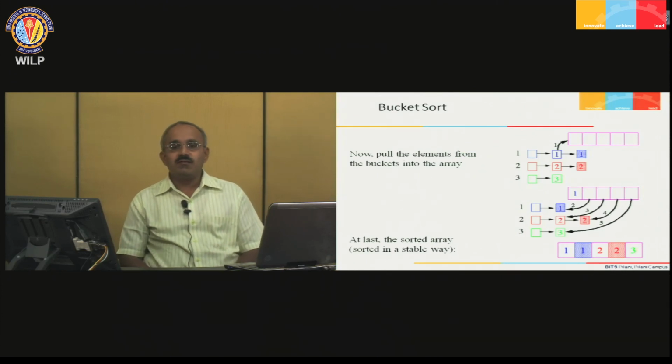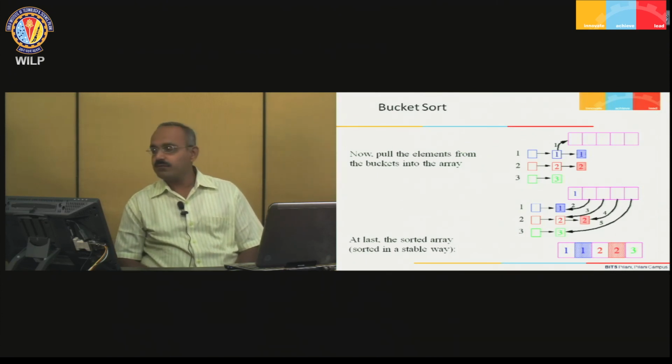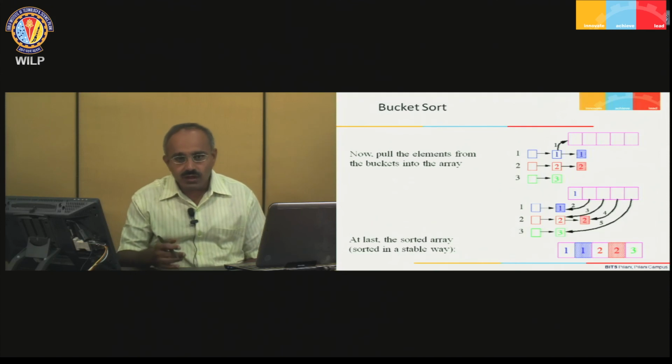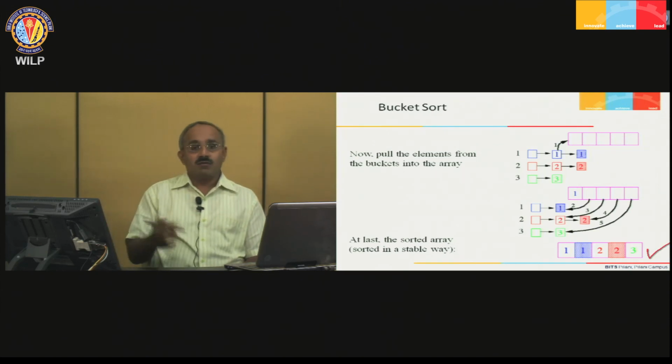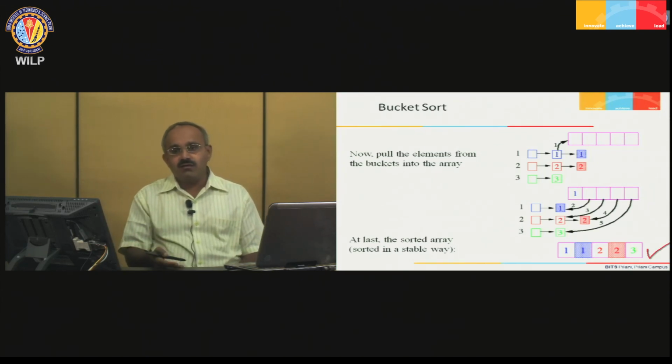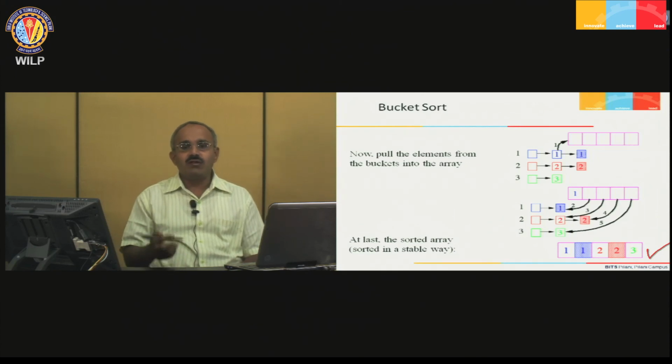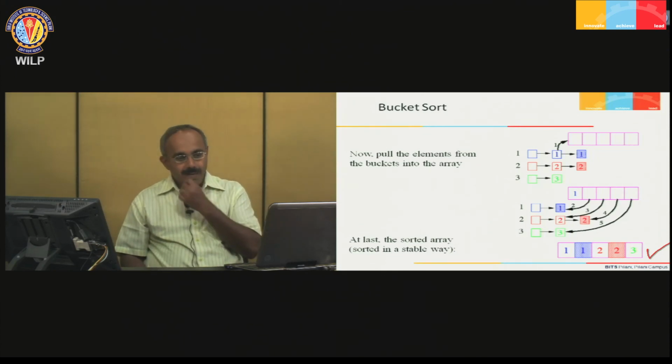Now we pull the elements from the buckets into an array listwise. So first we put 1 and another 1, then 2, then the next 2 and 3. So once we have pulled all the elements from the bucket into an array, what we have is a sorted array, right.